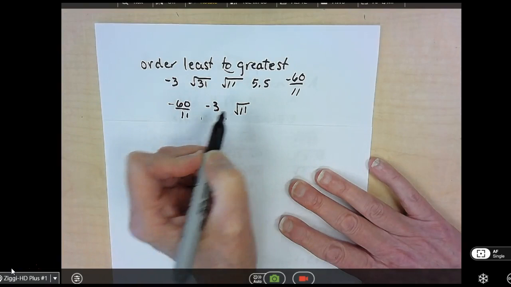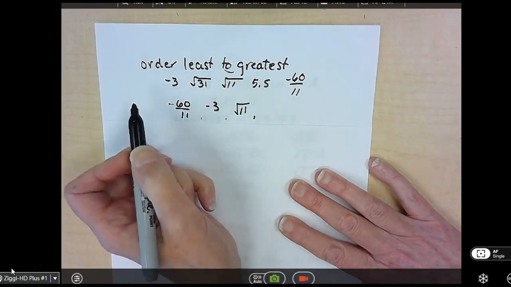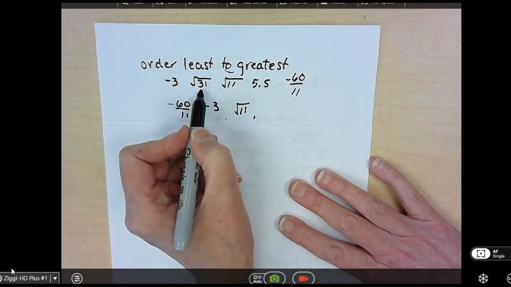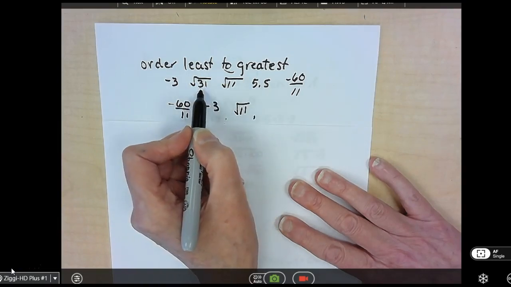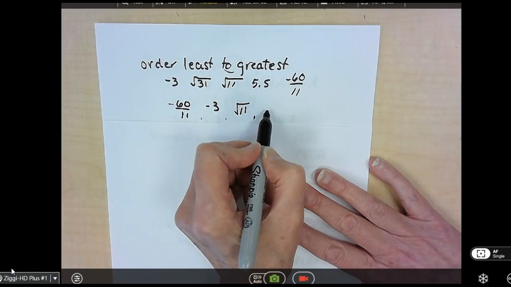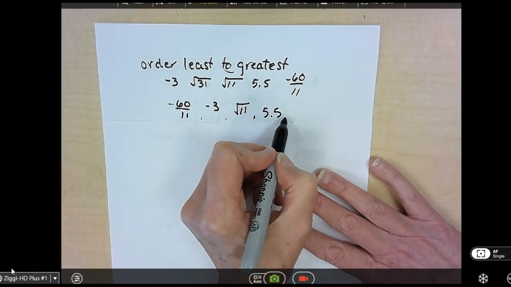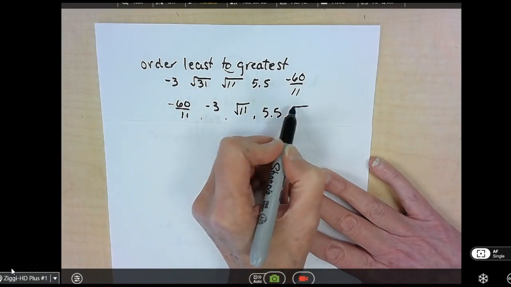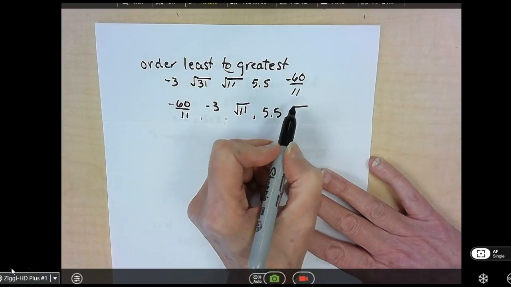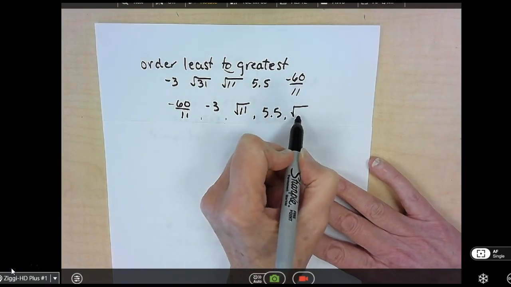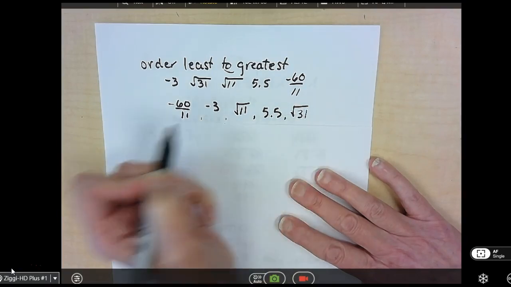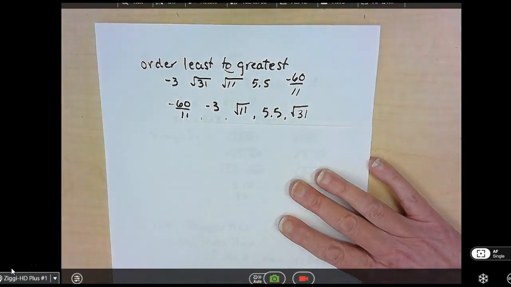So we'd have square root of 11 next. Square root of 31, well, I know 5 squared is 25, so this is bigger than 5.5. And 6 squared is 36, so it's closer to 6 squared than 5.5. And I'd have the numbers in order from least to greatest.